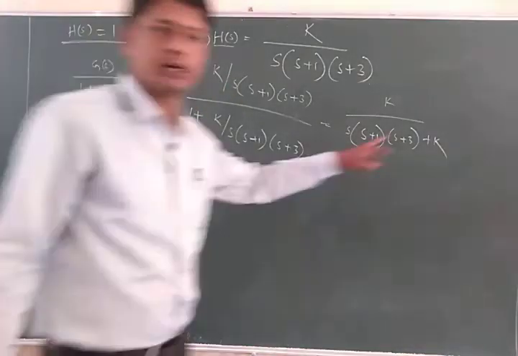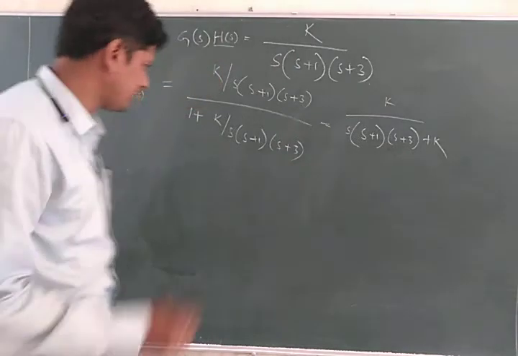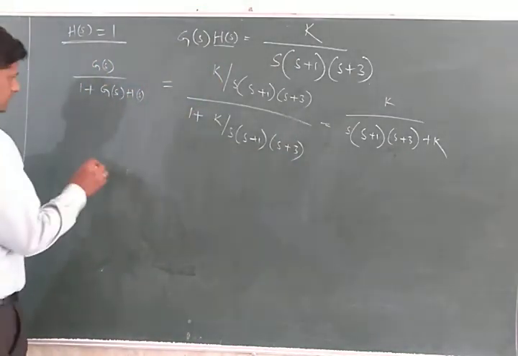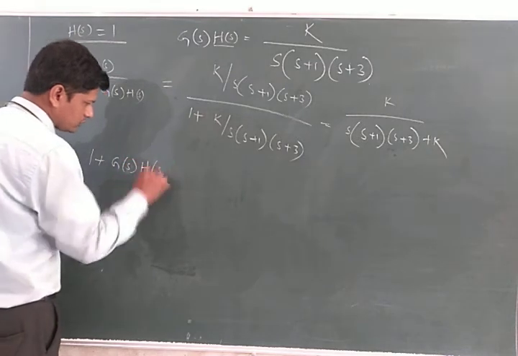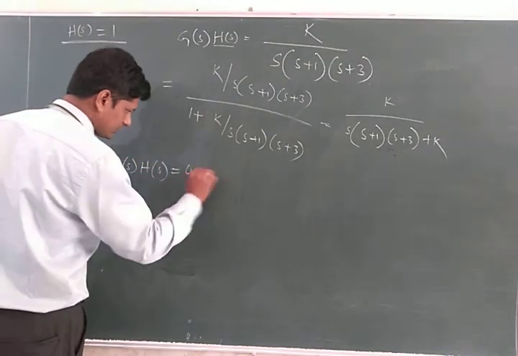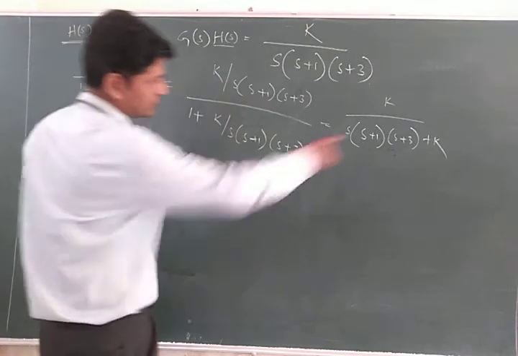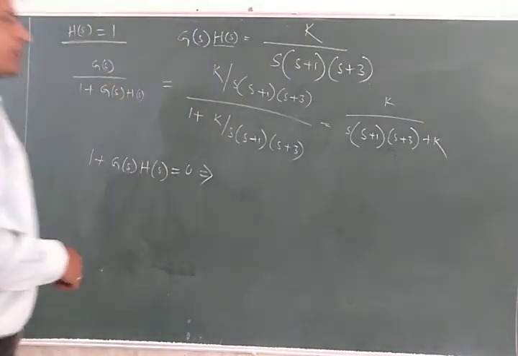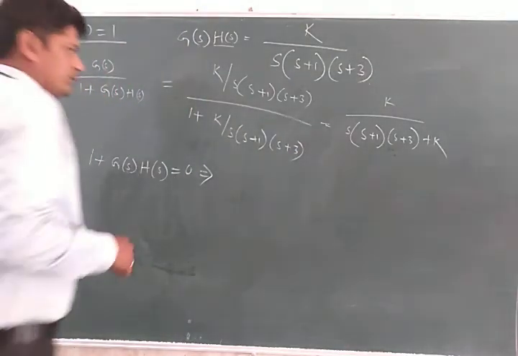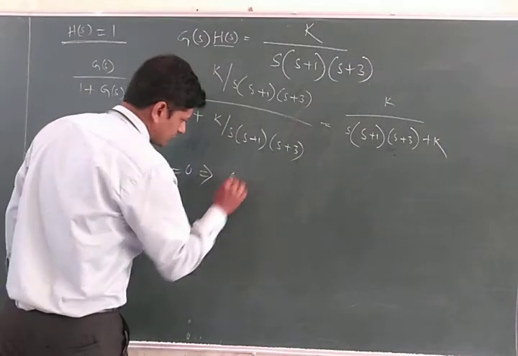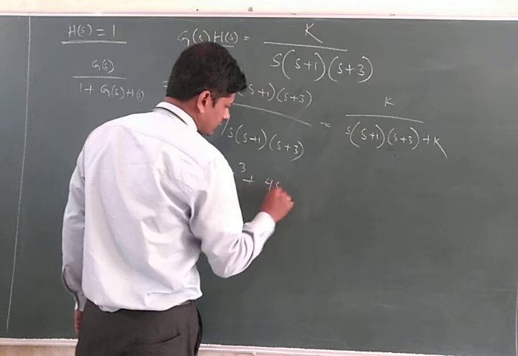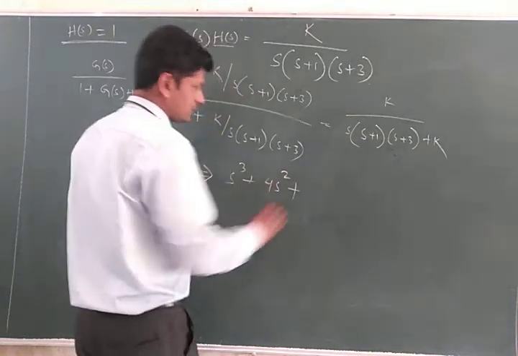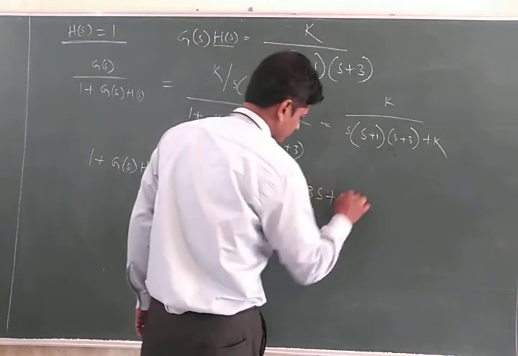This is the total transfer function of the control system, and the characteristic equation is 1 plus G(s)H(s) equals 0. I can find this out as s cube plus 4s square plus 3s plus K equals 0.